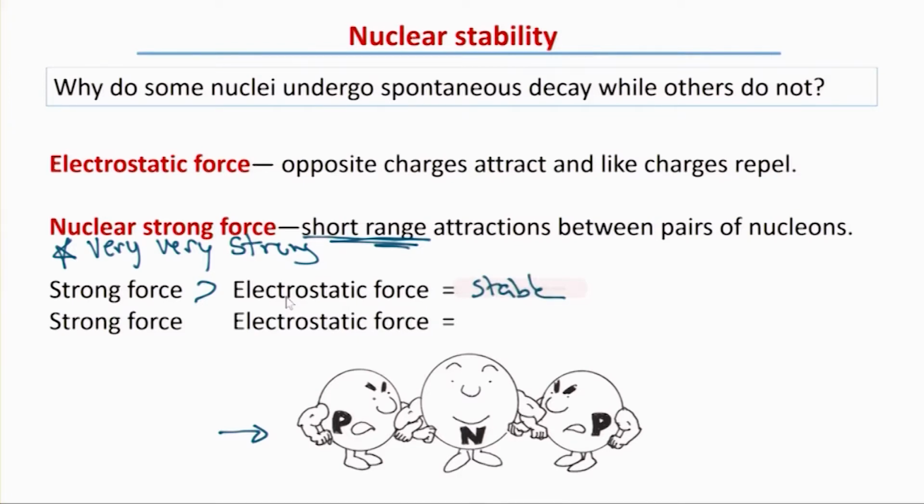This stable nucleus will not decay spontaneously, but an unstable one would decay spontaneously. If the electrostatic force is greater than the strong force, this would lead to something unstable, and it would undergo spontaneous radioactive decay.